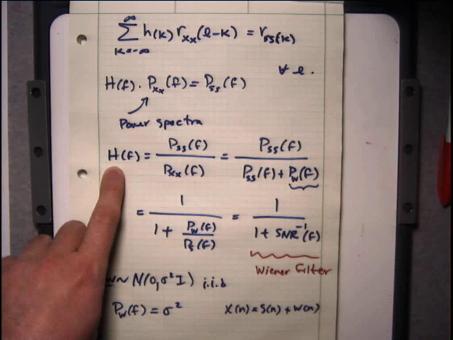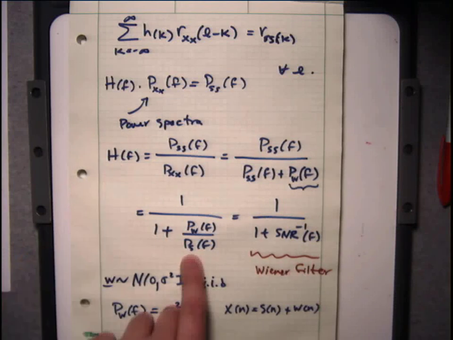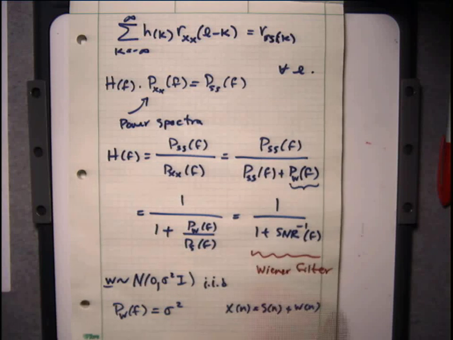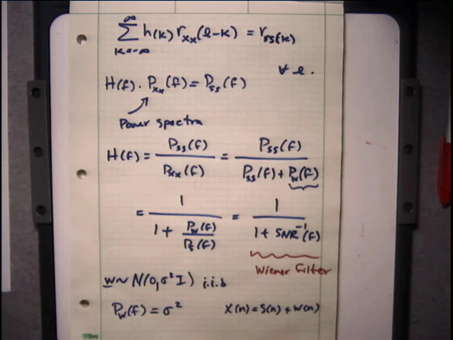But hey, wait a minute, this impulse response actually depends on the power spectrum of the signal, which I'm trying to estimate. So what if I don't know the power spectrum of the signal? You don't necessarily know the power spectrum of the signal. If you're starting off, all I'm giving you is this. So what gives? Some extra information has to be present here.